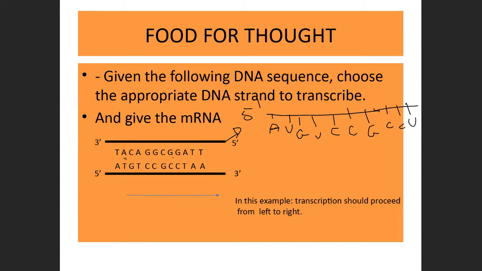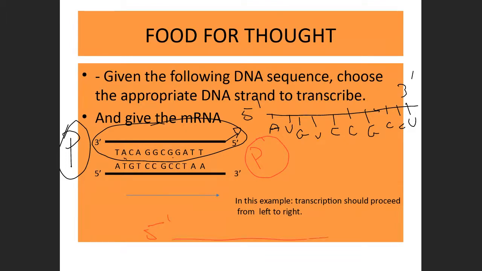I don't have room for the last two. So this will be the messenger RNA when the promoter is on the left and we're transcribing the 3' to 5' DNA strand. If we put the promoter on the right and we transcribe the lower strand, we end up with a completely different messenger RNA.